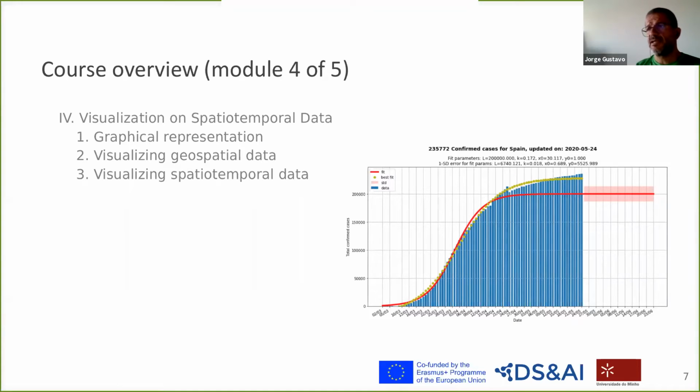Also, after feeling comfortable with the graphical representation, start using geospatial visualizations, mostly using QGIS, and try to create proper visualizations of geographical data. And then in the third part will be joining the two things.